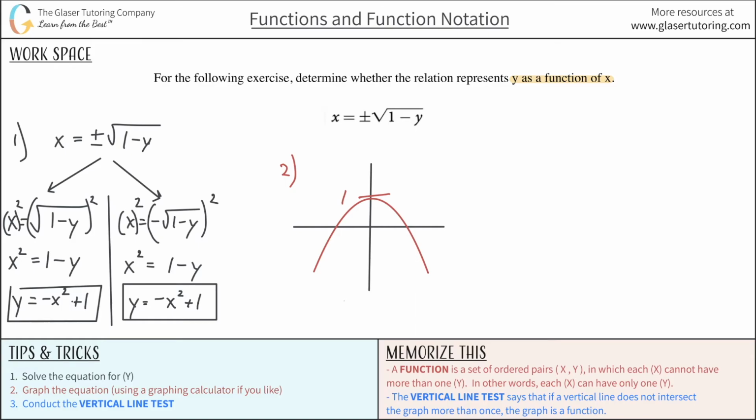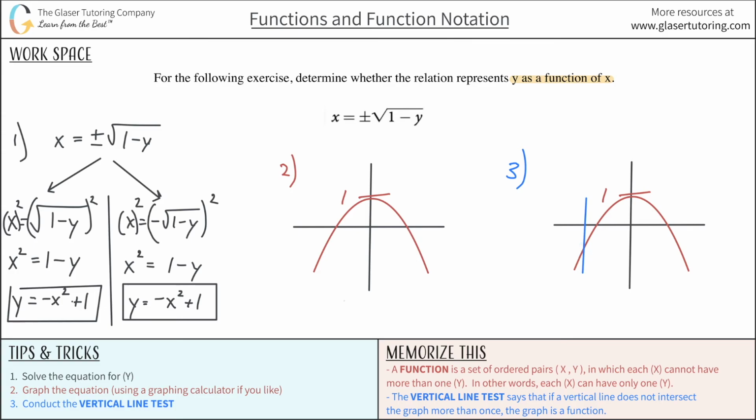All right, the third step is to test whether this is a function or not. We're going to perform the vertical line test. Let me copy the graph over here so it doesn't get too messy for step 2. The vertical line test says that if a vertical line does not intersect the graph more than once, then the graph is a function. I could draw a whole bunch of vertical lines.